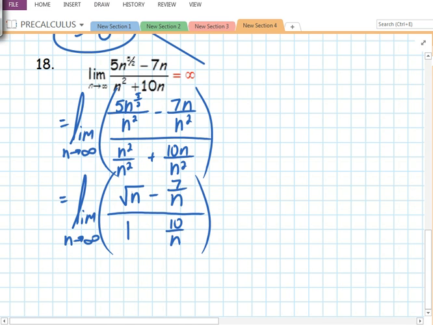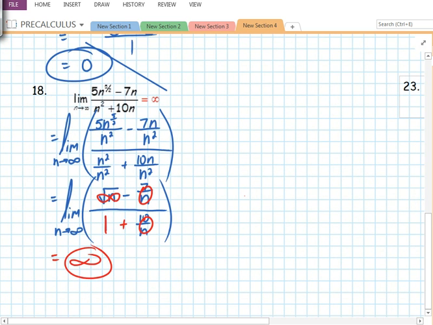The square root of n: if n tends to infinity, then this term goes to infinity, because the square root of infinity is still infinity. 7 over infinity tends to 0. Your 1 is still left down there, and I erased my sign accidentally. That's plus 0. So you end up with infinity over 1, which is just infinity. And as you can see, that is the same value as what we have up over here.